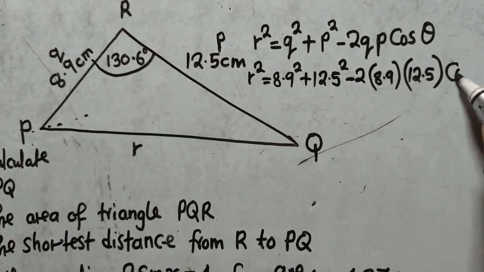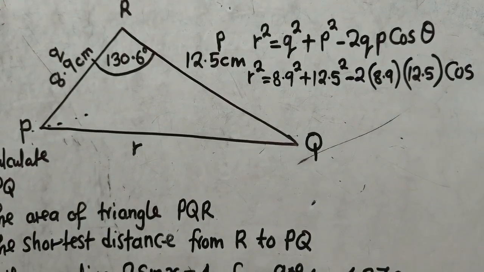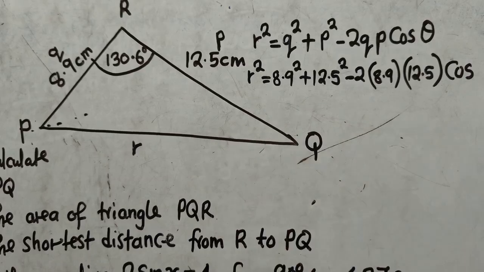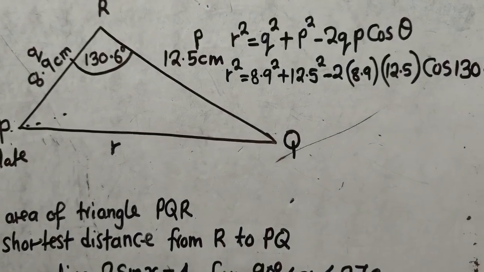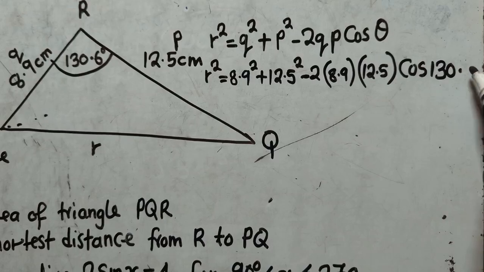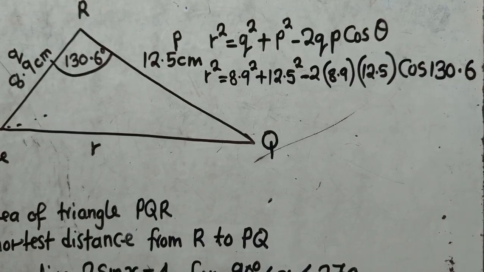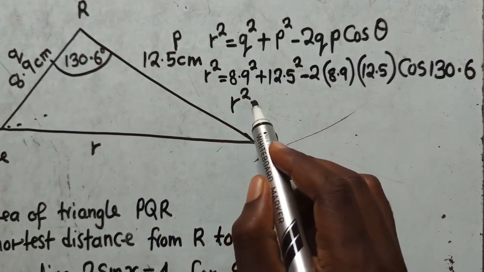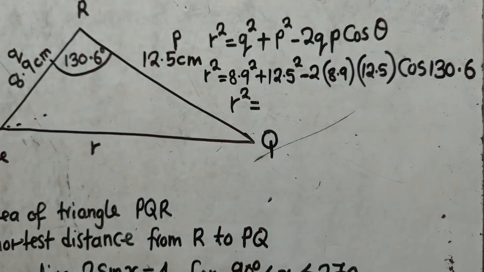What angle is given? The angle that is given is 130.6. Then I say r squared is equal to what?